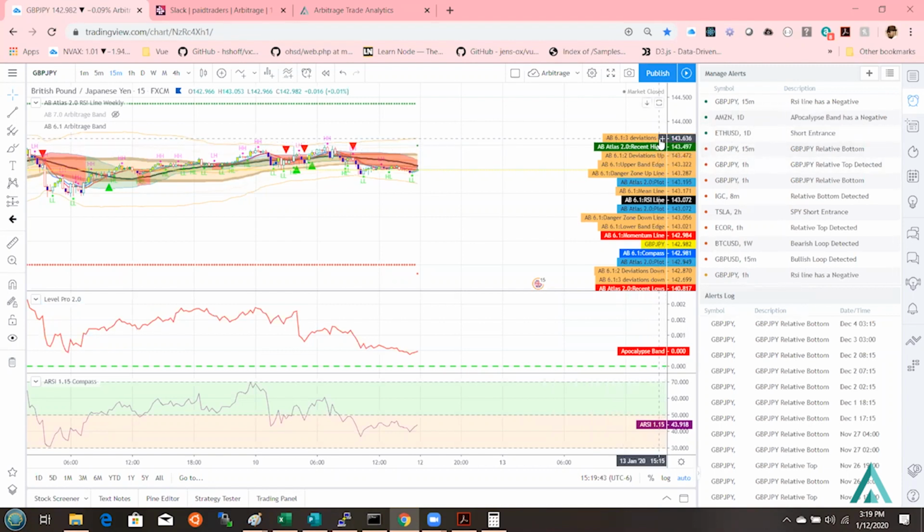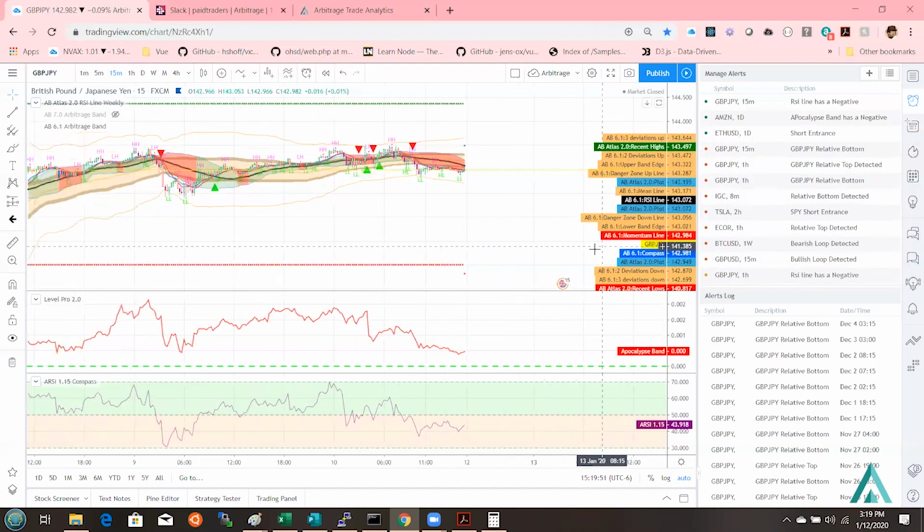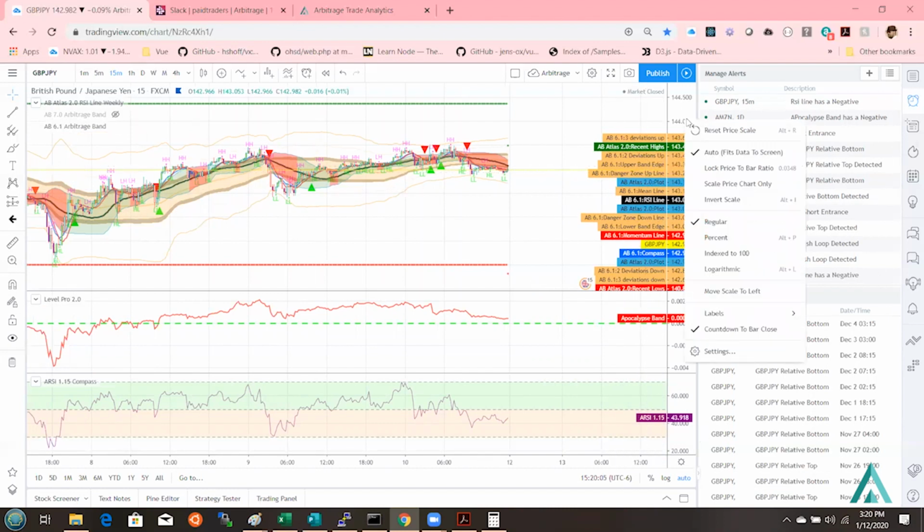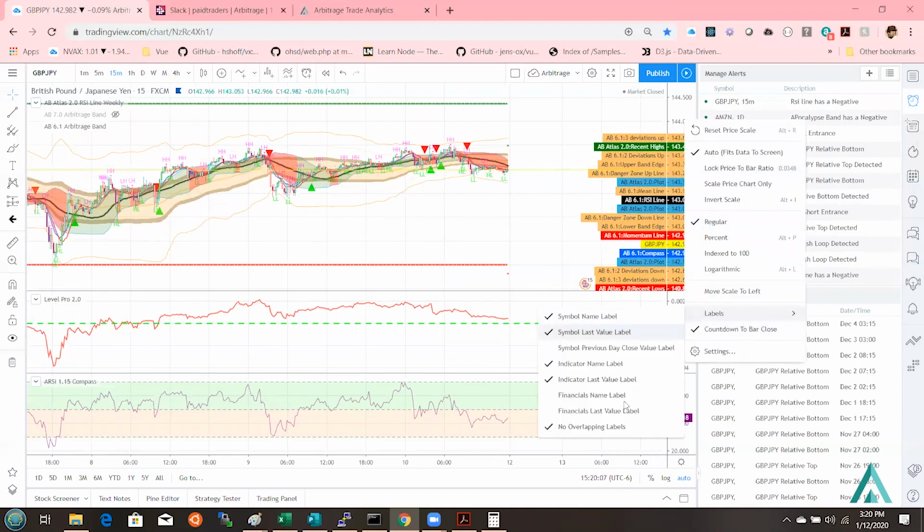We're showing 3 deviations up if you want to try to milk every single thing out of the system. That's what those colors are and what they represent. And if you want to turn those off, you can just turn them off.